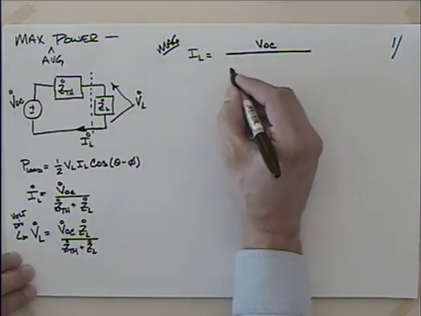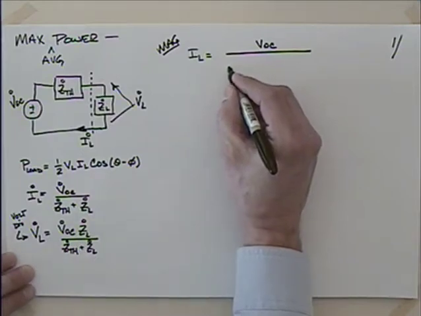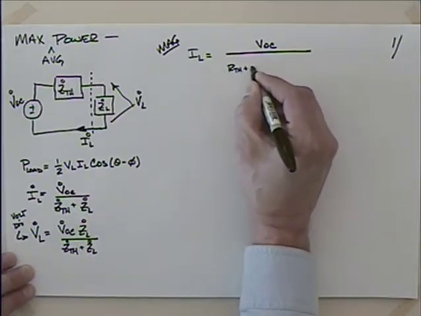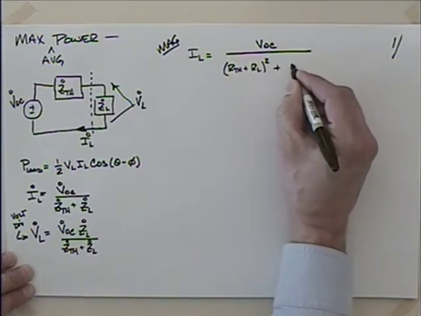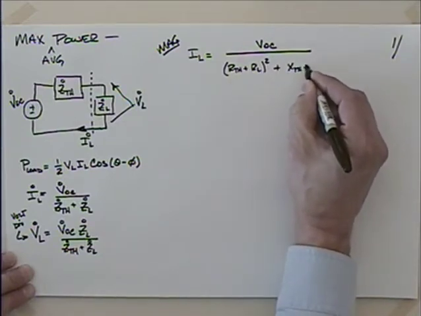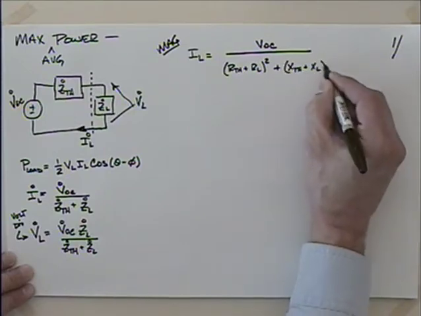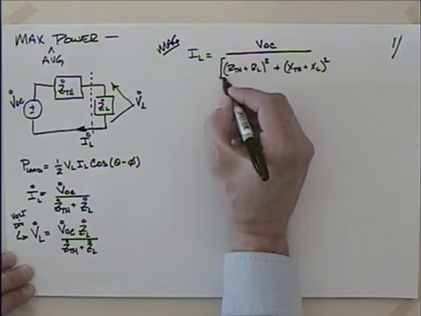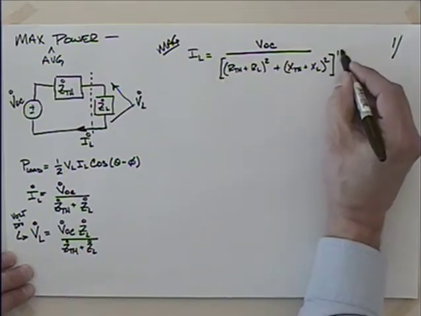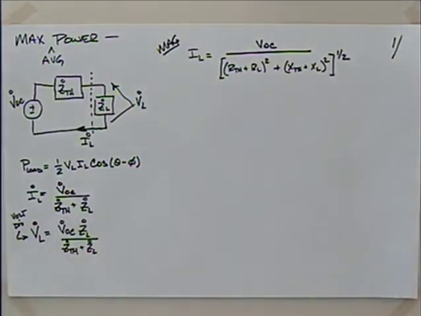Well, it would really be R Thevenin plus RL, quantity squared, plus X Thevenin plus XL, quantity squared. And then I take this whole thing and I take the square root of it. Okay, a little bit like adding vectors.